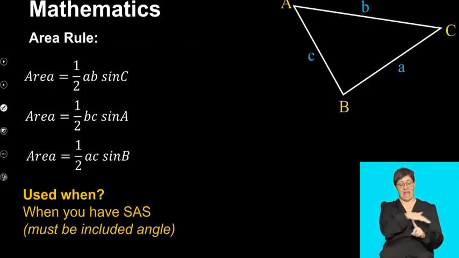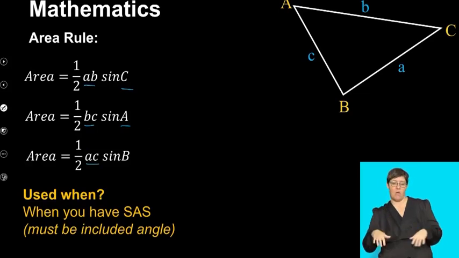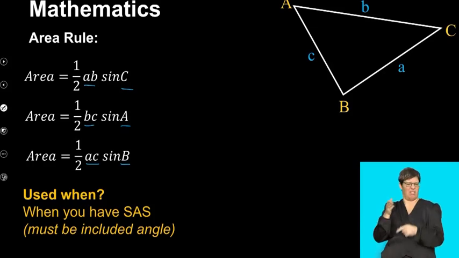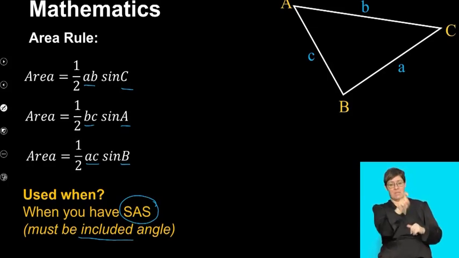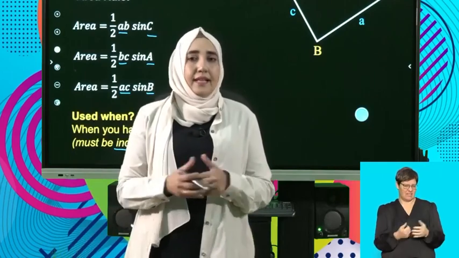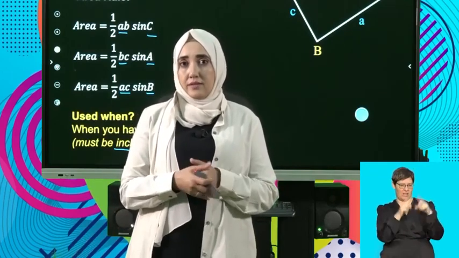Area is half ab sine C, or half bc sine A, or half ac sine B for this triangle here. And remember, we must be given side, angle, side, and it has to be the included angle. Okay, that's pretty simple. Let's see how we can apply this area rule to some triangles.